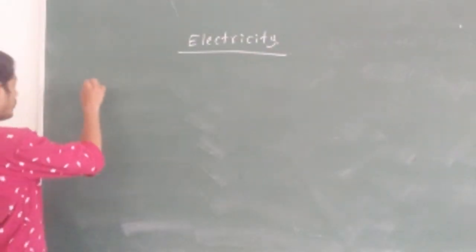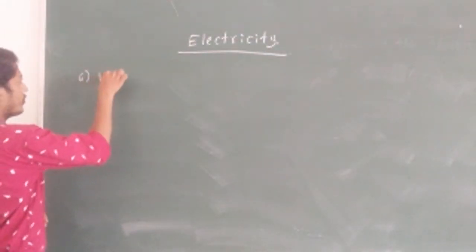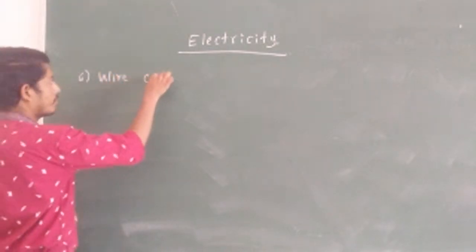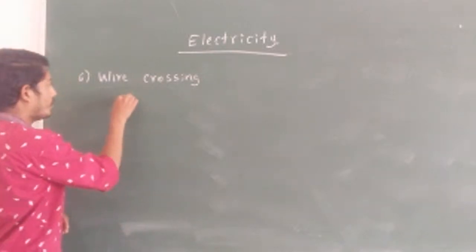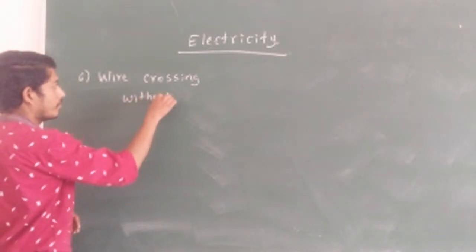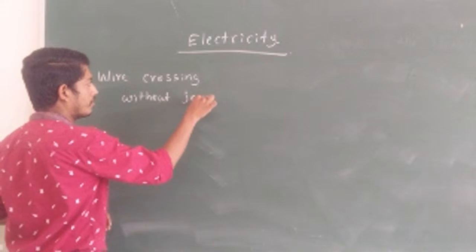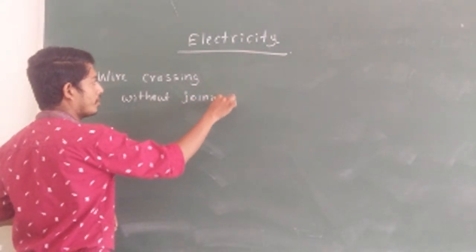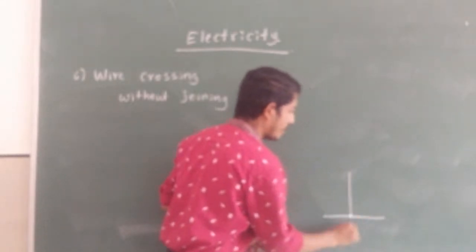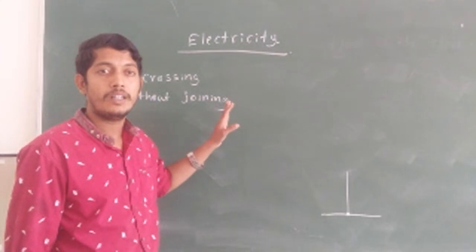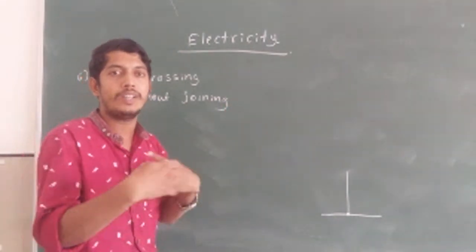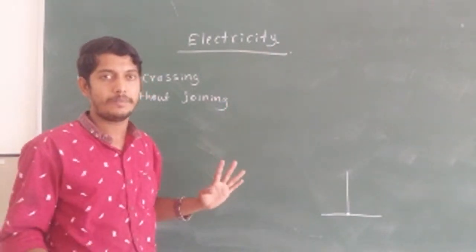Wire crossing without joint. So just now we drew this diagram where these wires are joined at this point. But now we have to represent that the two wires are crossing each other, but they are not joined.